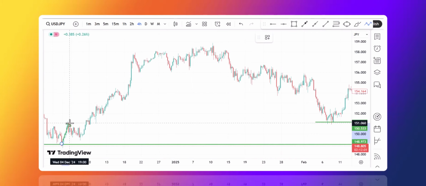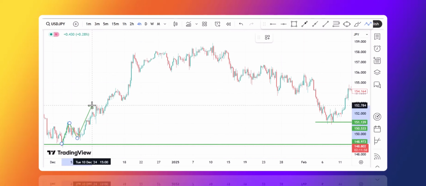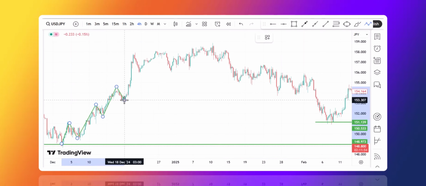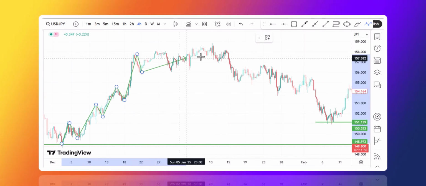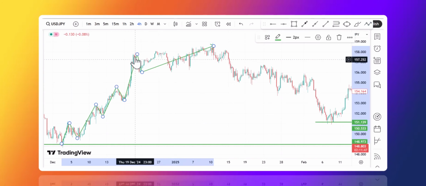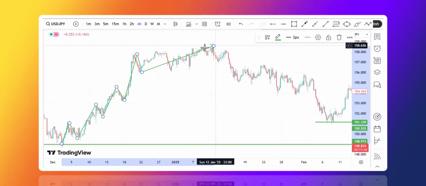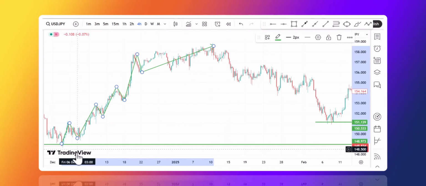So this is how you will identify, okay, this is an uptrend. You can see the higher high, higher low, higher high, higher low, and I think we had one higher higher because it's higher than these two higher highs. So this was the last higher high we have. So this is an uptrend.